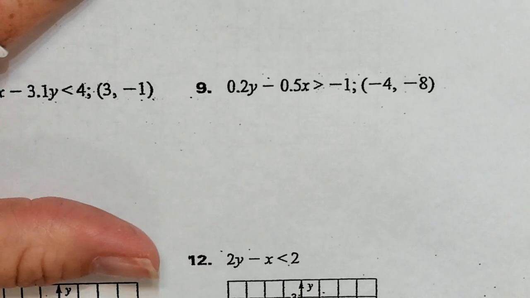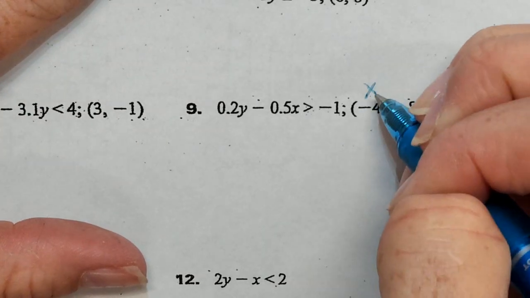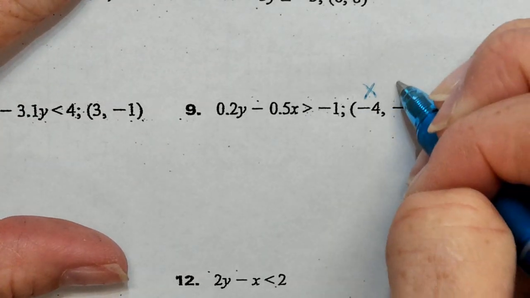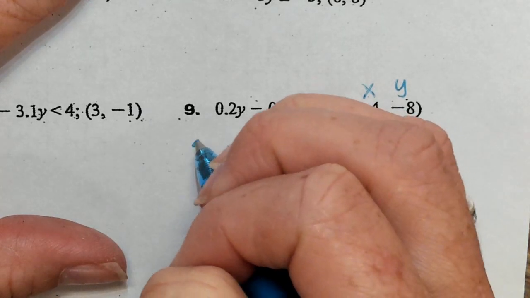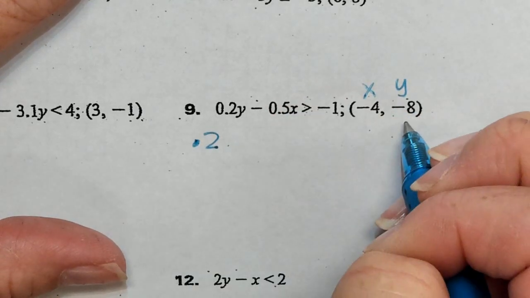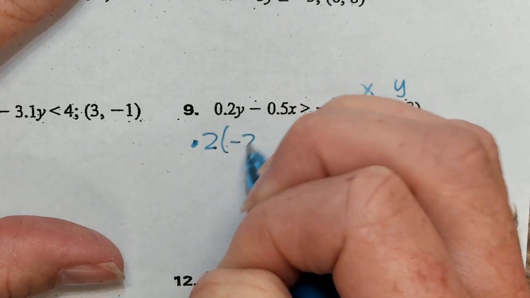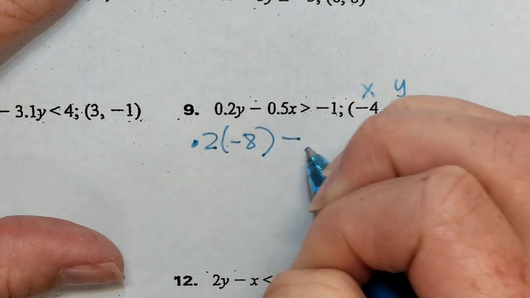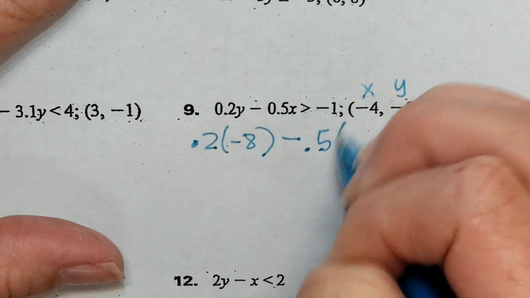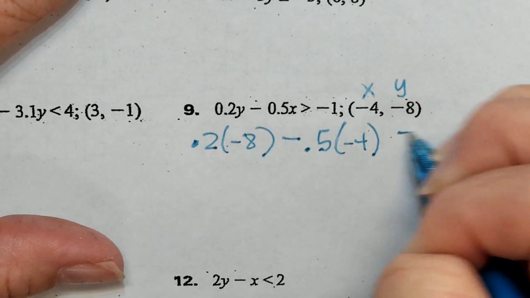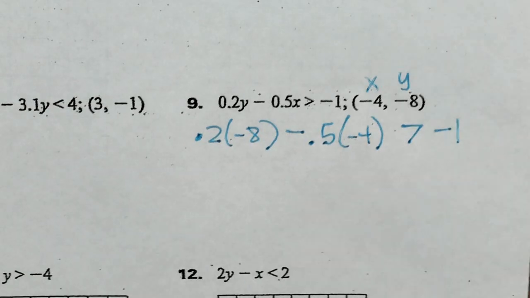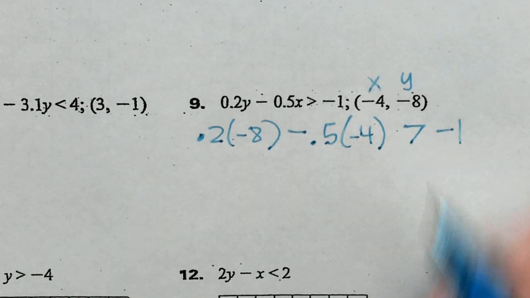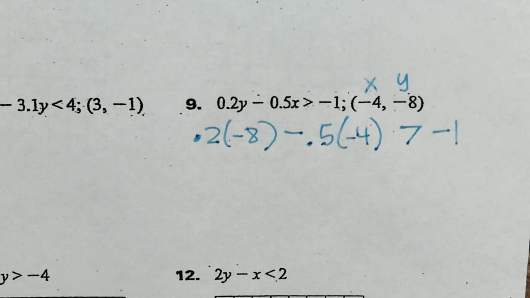I would plug in negative 4 for x, negative 8 for y. So I would say 0.2 times y, which is negative 8, minus 0.5 times x, which is negative 4, is greater than negative 1. I would type this in my calculator to see if it's greater than negative 1.